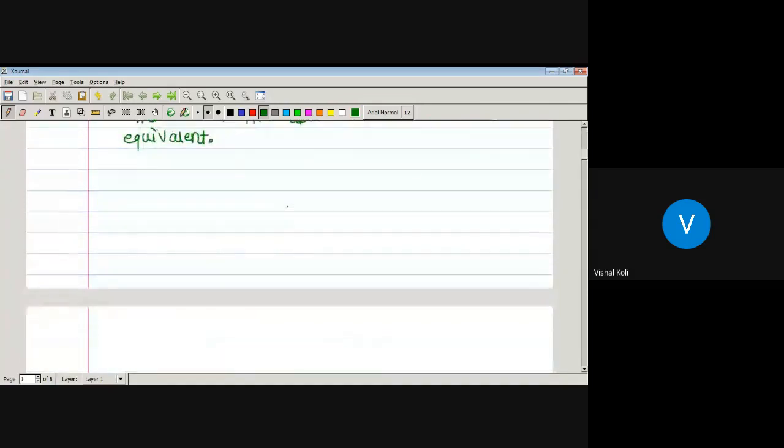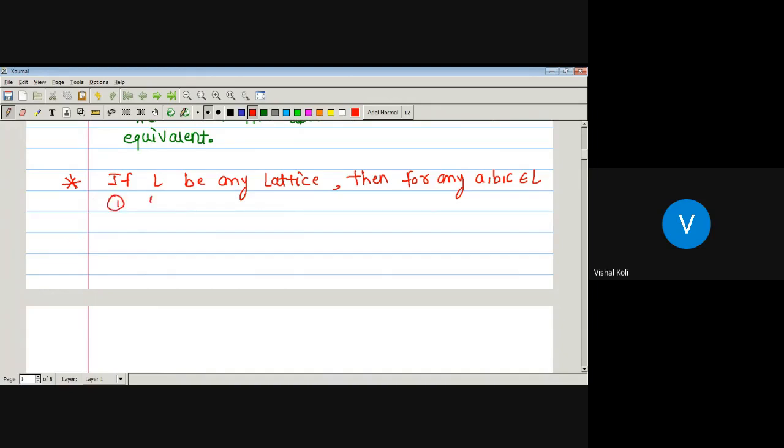Now here are some properties. If L be any lattice, then for any A, B, C belonging to lattice L, first one, the idempotent law.